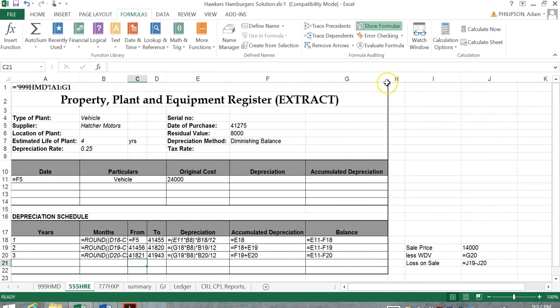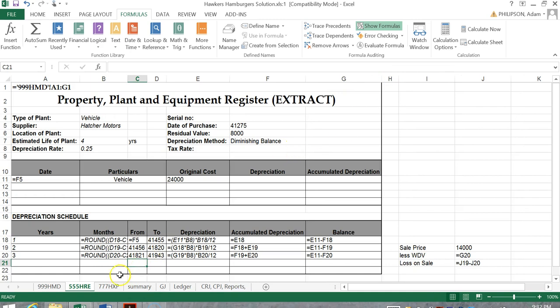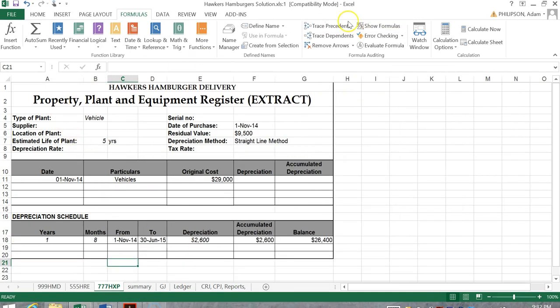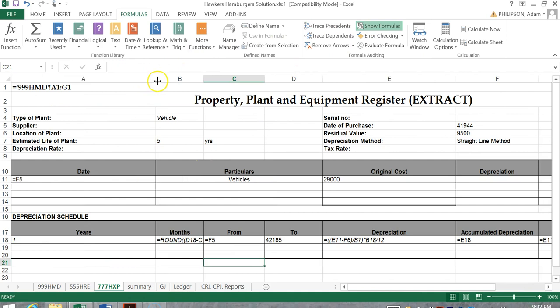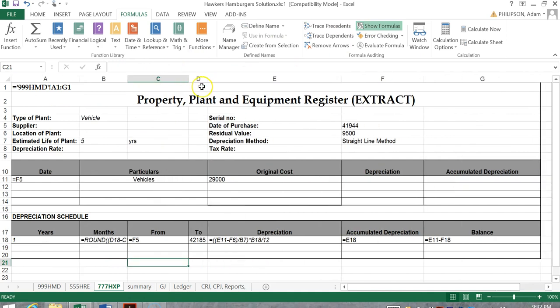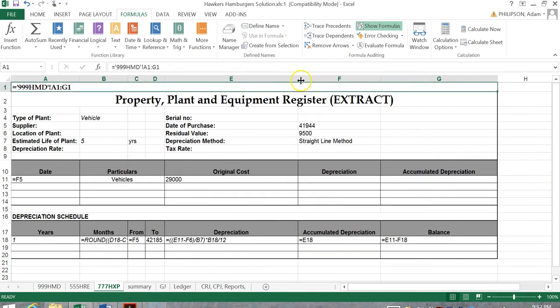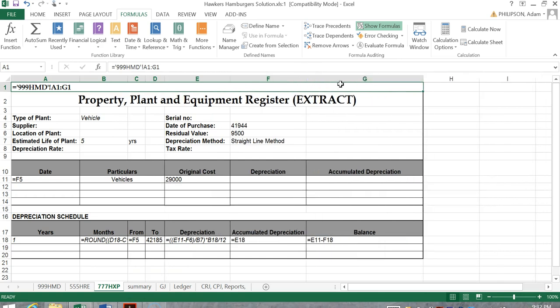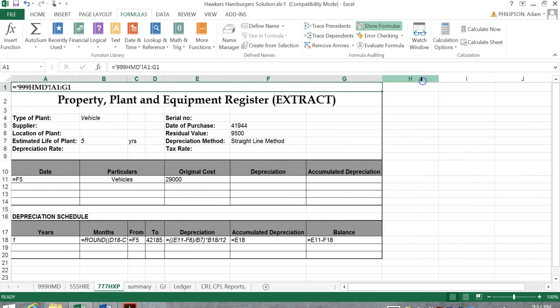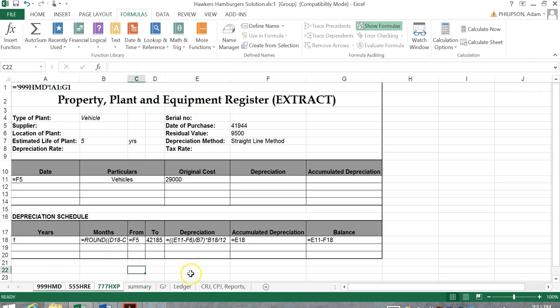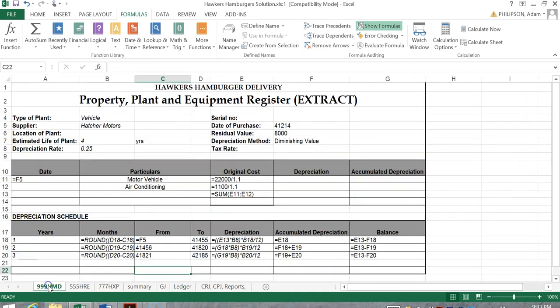Just double click the top to autofit so everything fits to the page. Okay, so we've got all 3 of these in formula view. What we can do is just hold Control, and that's how we're going to select each one of these sheets.